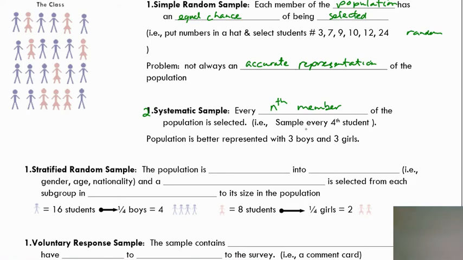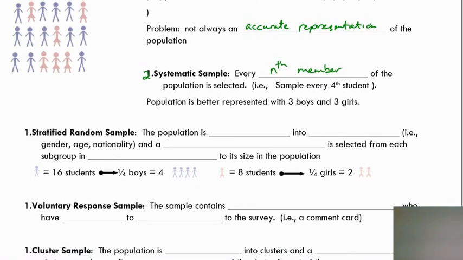So sample every 4th person or sample every 7th person. Okay, so that's one way of doing it. Population is better represented with 3 boys and 3 girls, for example. That would be another idea. Okay, so that nth number could change to anything, right?